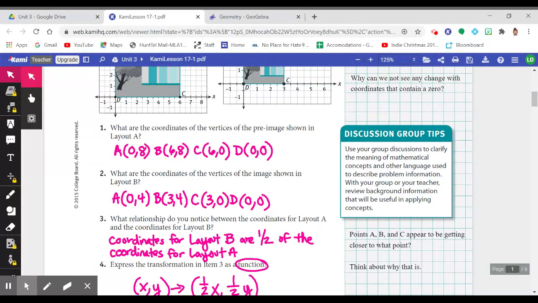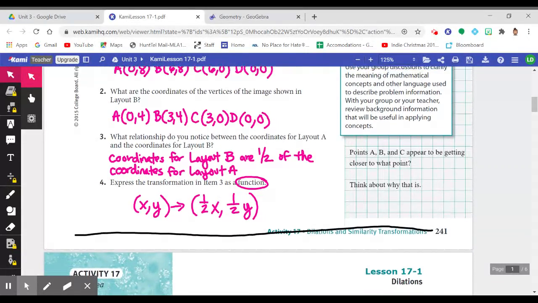So it might have been a little hard, especially if you just focused on D. Why is there no change here? Well, because half of 0 is still 0. So it's really important that you label which points are which so you can see which corresponding points and how they change. And then item 4 asks, express the transformation in item 3 as a function.